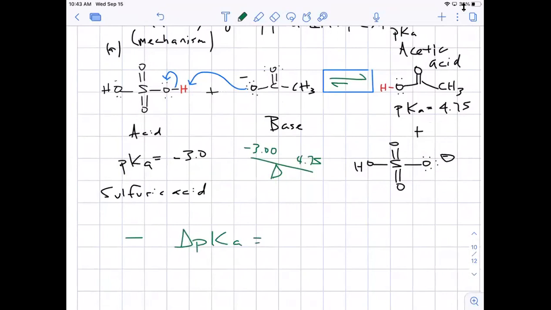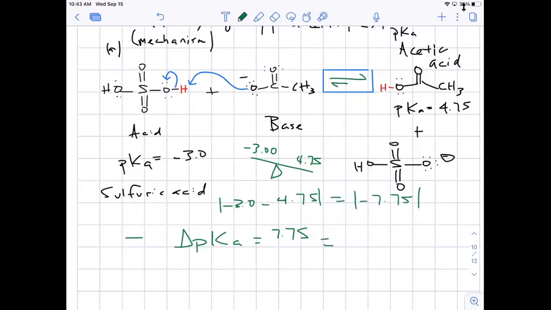It will be like 7.75. Right. It's the difference between the two pKa's. So it would be -3 minus 4.75, which would be -7.75. And then I just take the absolute value of that.